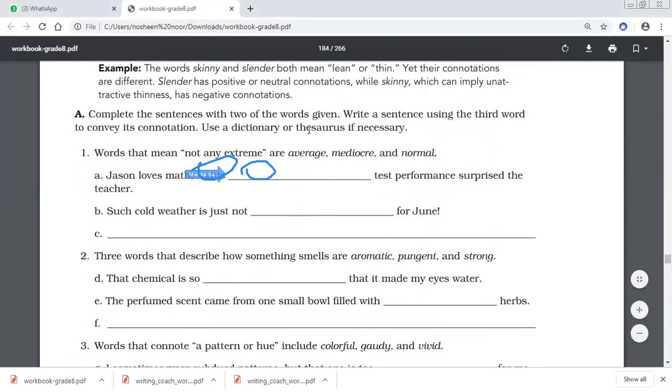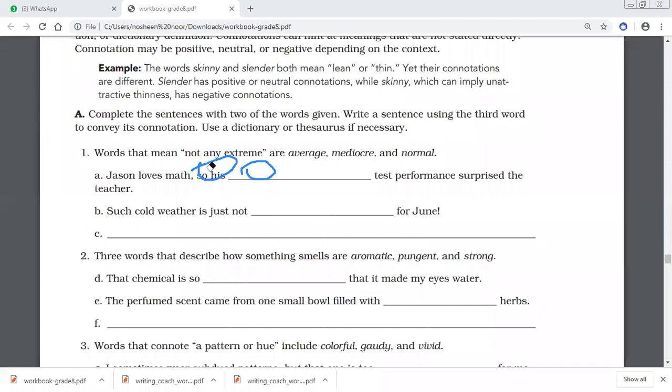Complete the sentences with two of the words given. First, let me erase it. Okay. So now here we have words that mean not an extreme, something that is balanced.